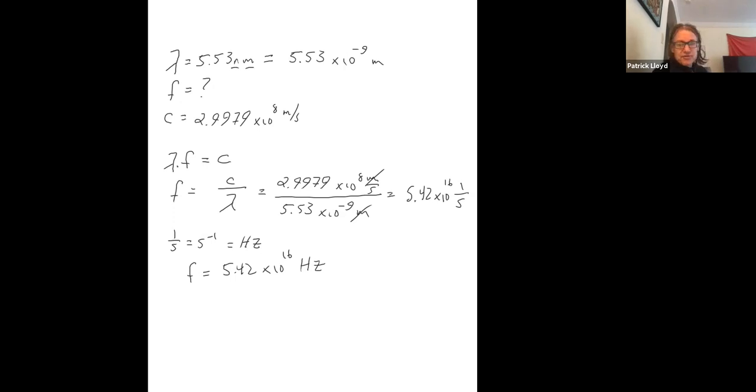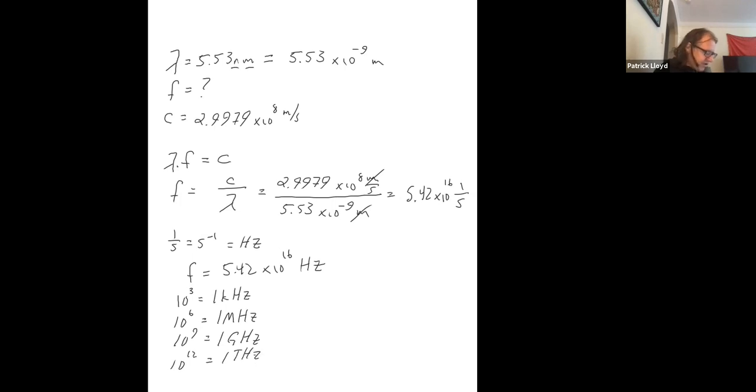But we might decide to use a prefix because that value is so large. 10 to the 3 is kilohertz. 10 to the 6 is megahertz. 10 to the 9 is gigahertz. 10 to the 12 is terahertz.